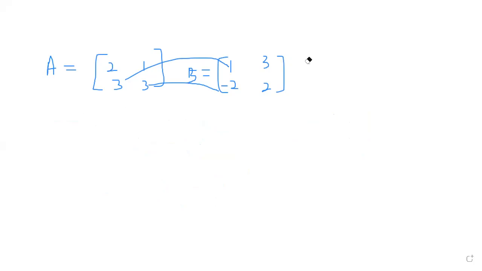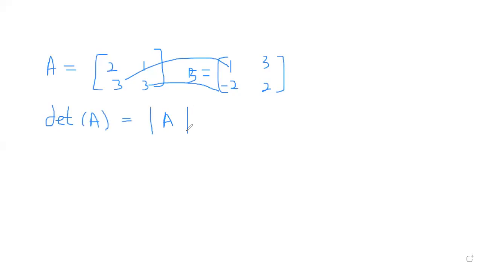Now, the determinant of, let's say the matrix A, is also denoted with 2 bars with the A in between, and that gives us the determinant of the matrix.